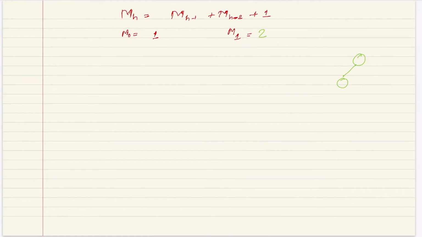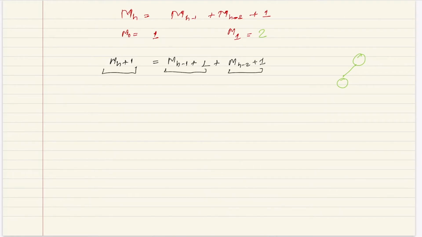So yeah, what can I do so that the sequence becomes a Fibonacci series? So I can say m_h plus 1 is equal to m_(h-1) plus 1 plus m_(h-2) plus 1.